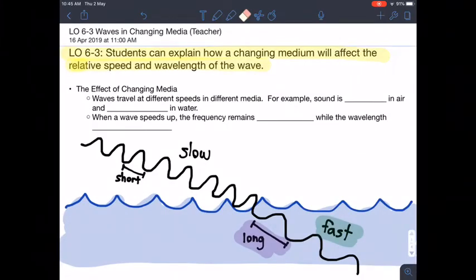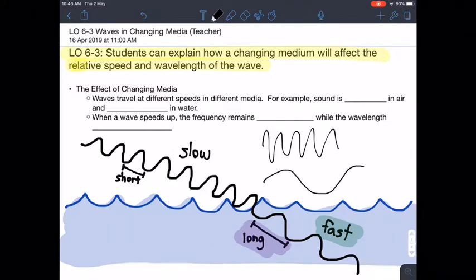All right, today we're going to be talking about Learning Objective 6-3, which is all about waves in changing media. Learning Objective 6-2 talked about the fact that high frequency waves will have a short wavelength. They look like this, whereas low frequency waves will have a long wavelength.